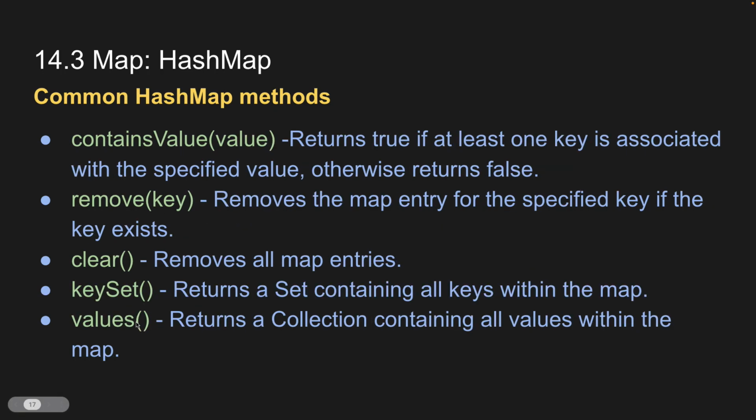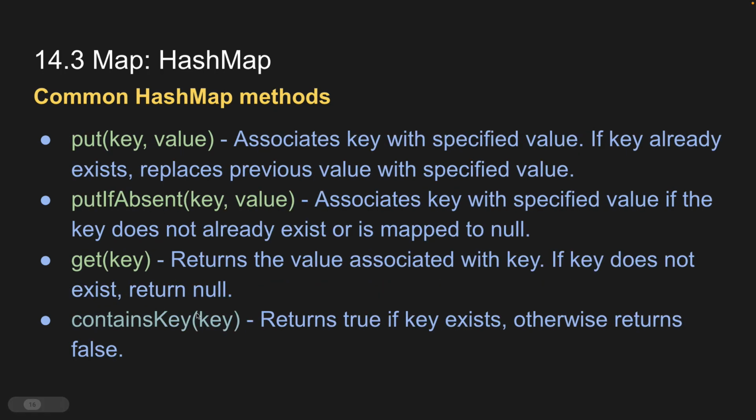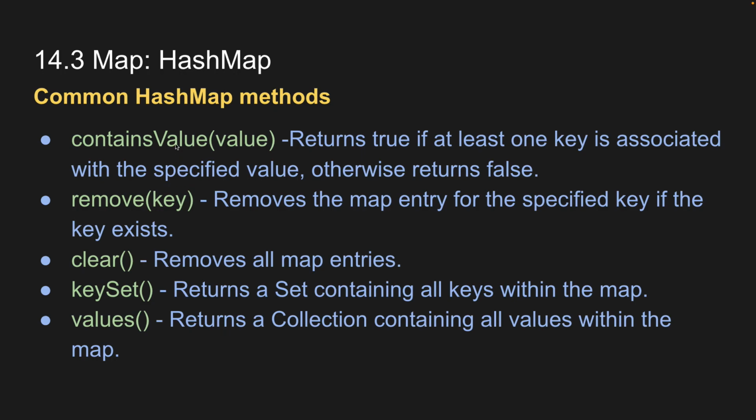We have a method called containsKey. That can be powerful, right? Say you have a huge hash map, and you're like, well, does this hash map have this particular key in it? Well, you can check it right away, okay? containsKey. You also have containsValue, so you can actually search on the other side of it. I can check for the key, but I can also check for the value.